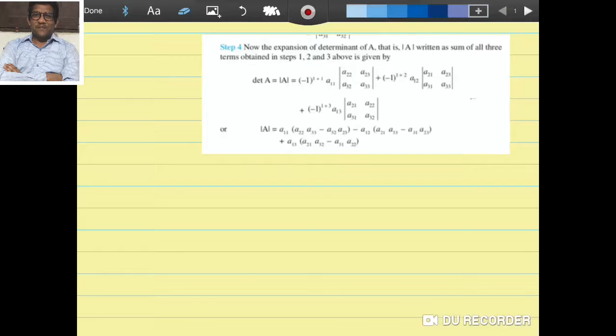Now the expansion of determinant A, that is determinant A written as sum of all three terms obtained in step 1, 2 and 3 above, is given by determinant A is equal to minus 1 to the power 1 plus 1 A11 into determinant obtained by row 1 and column 1 plus minus 1 to the power 1 plus 2 A12 into determinant obtained by first row second column plus minus 1 to the power 1 plus 3 A13 into determinant obtained by first row and third column.